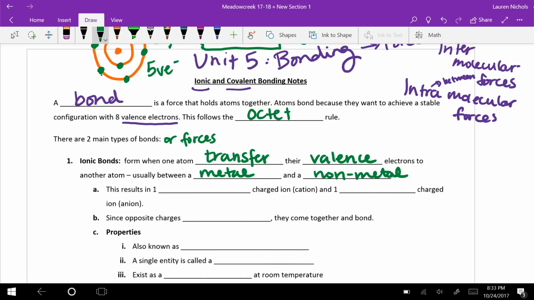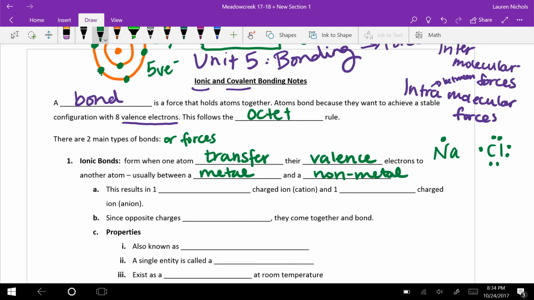And remember, these valence electrons, if you were to draw the Lewis dot structure of atoms, so if we say sodium and chlorine, we know that sodium is in column 1, so it has 1 valence electron. We're going to represent that as a dot. Whereas chlorine is in column 17, so it has 7 valence electrons. So we draw 7 dots around chlorine.